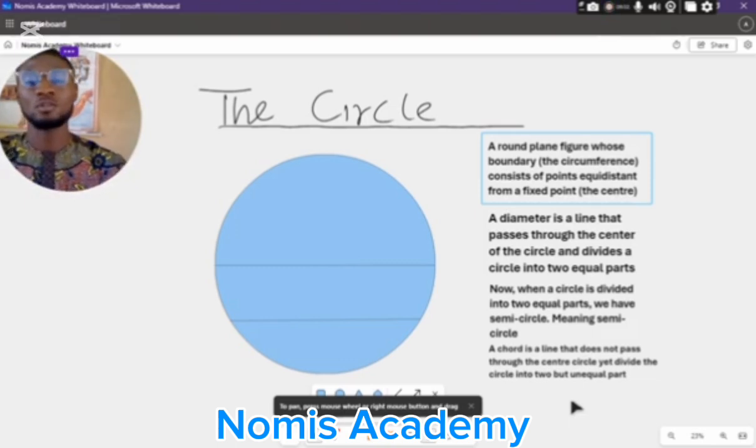Now, what do we have? Just like we have a semicircle when a diameter divides a circle into two equal parts, we also have parts of the circle when a chord divides a circle into two unequal parts.